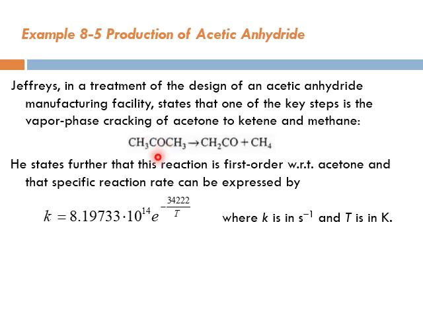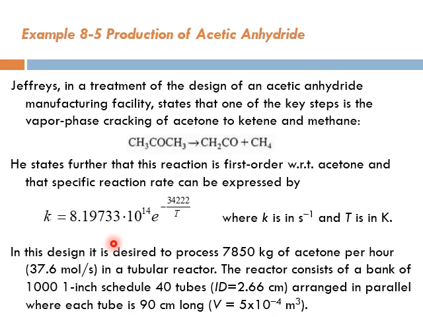The specific reaction rate can be expressed by this Arrhenius equation, where k is in per second and T is in Kelvin. In this design, it is desired to process 7,850 kg of acetone per hour.